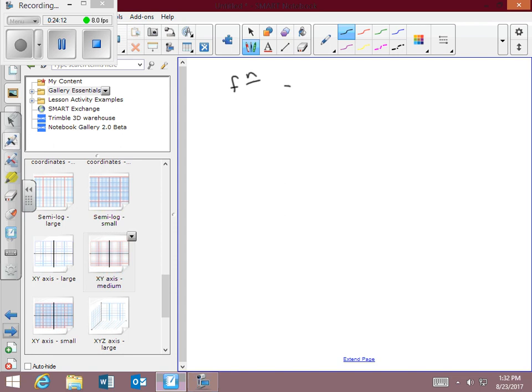It would be like if you were texting somebody, rather than write it out, you could do F of A. Function. It's a shorthand way of putting it.